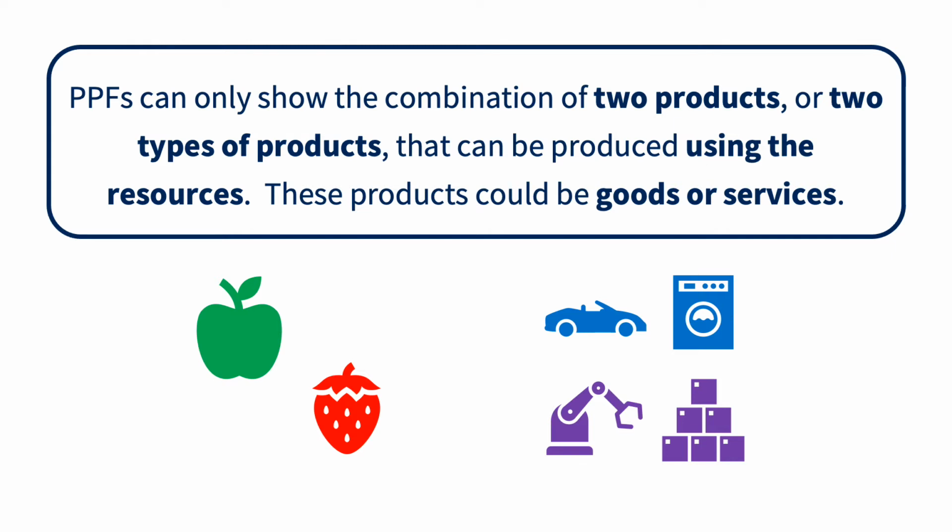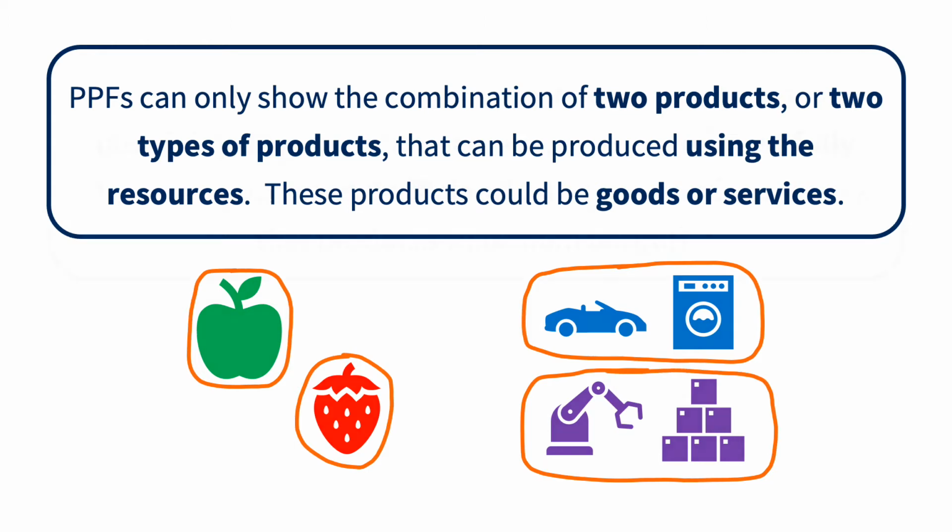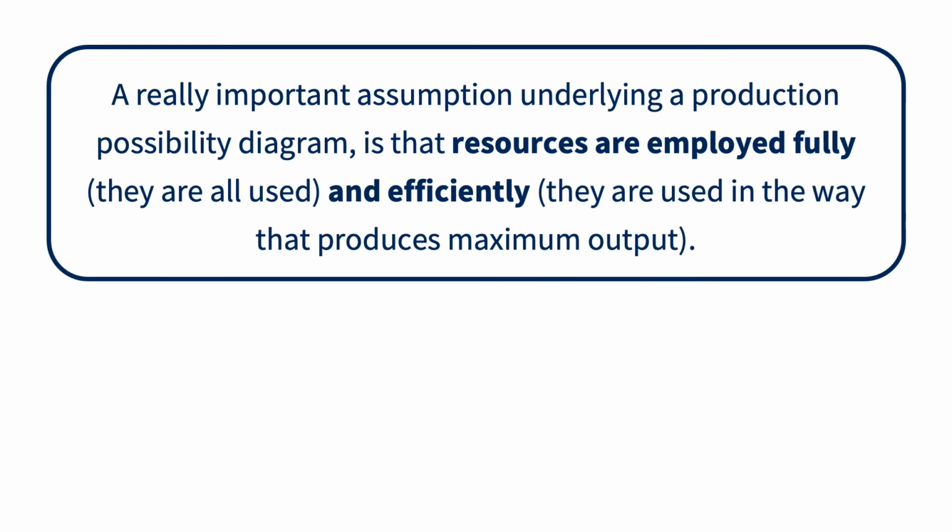Sometimes you will see individual products on the axes, for example, apples and strawberries. Sometimes you will see types of products, for example, consumer goods and capital goods. A really important assumption underlying a production possibility diagram is that resources are employed fully, meaning that they are all used, and efficiently, meaning that they are used in the way that produces maximum output.